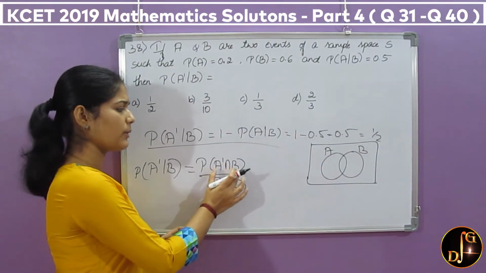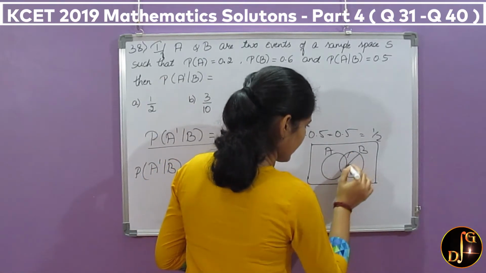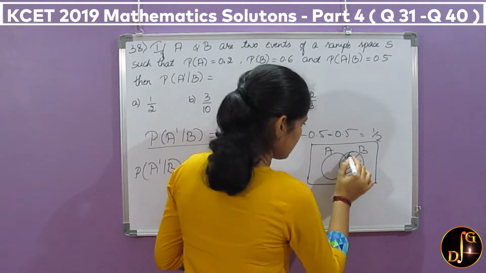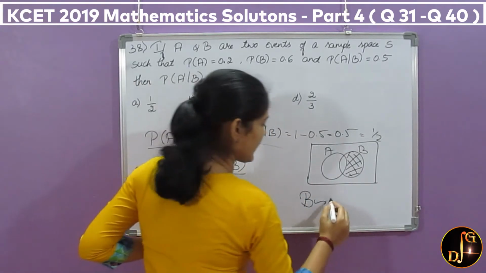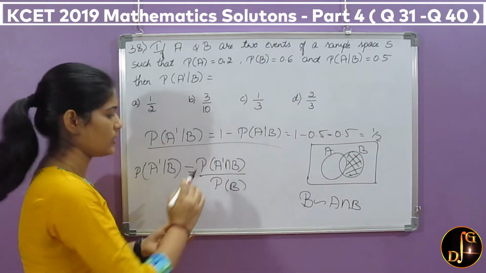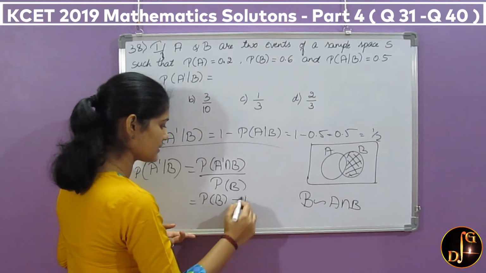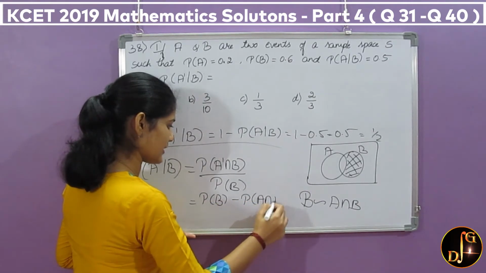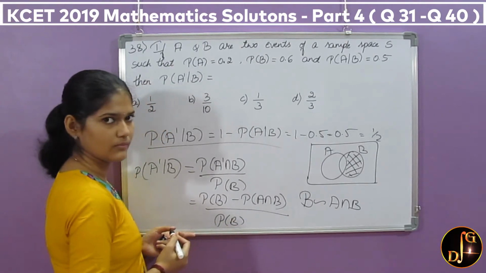What is A complement intersection B? That is nothing but this region, right? This region. It is B difference A intersection B. We can say like this also. So it can be written as probability of B minus probability of A intersection B whole divided by probability of B. Right?